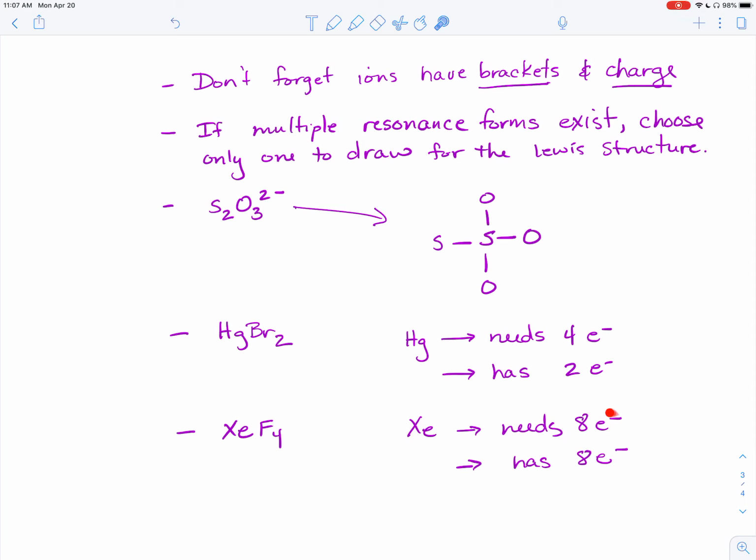One is that it does actually follow the octet, and so its N value is going to be 8. But since it's already a noble gas, it already has 8 valence electrons. So the first A number in your NASA table is also going to be 8. So make sure that you pay attention to these numbers when you're doing these structures, because that will affect your NASA table and your overall structure in the end if you're not paying attention to that.